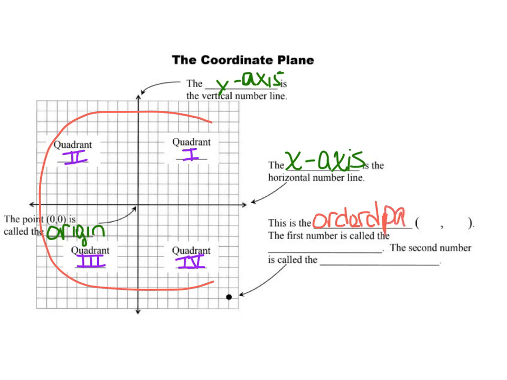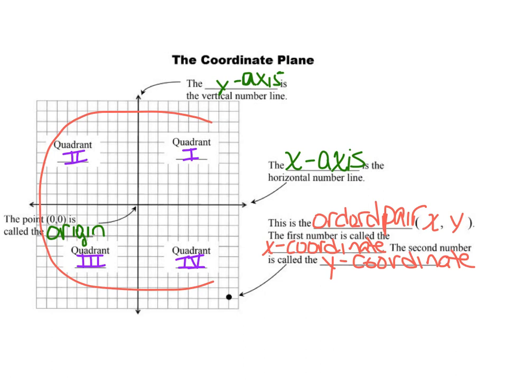So ordered pairs, you always write the x first, then the y. So the first number is called the x coordinate. And the second number is called the y coordinate. So x and y coordinates. So whenever you're going to read an ordered pair, you're always going to look for x and then y.